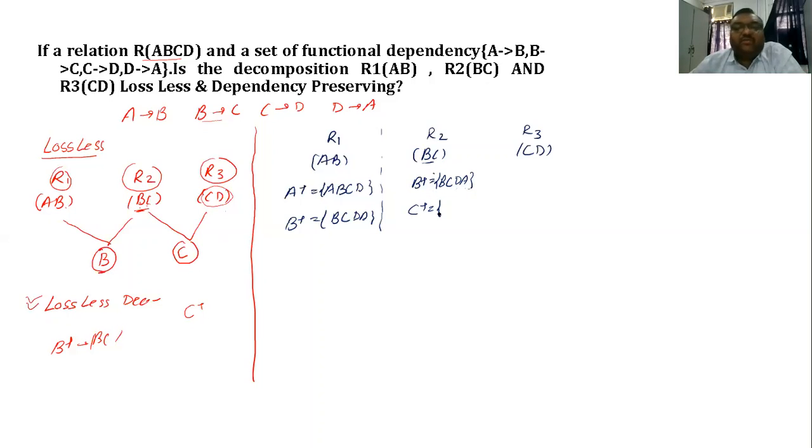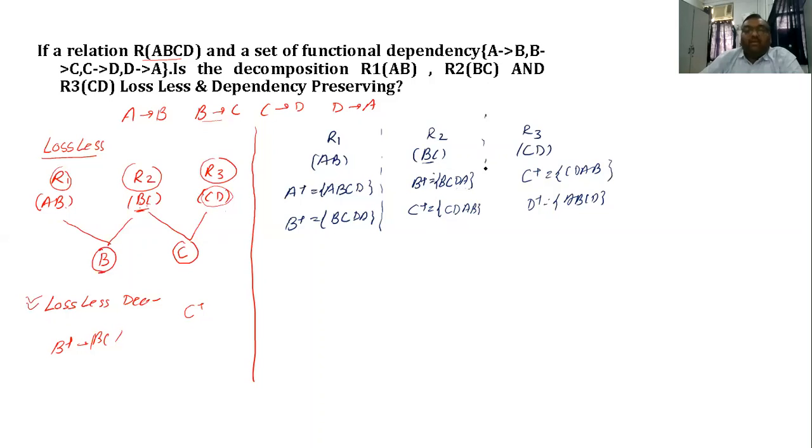When you find the closure of C, it is C, D, A, B, and the closure of D again is A, B, C, D.